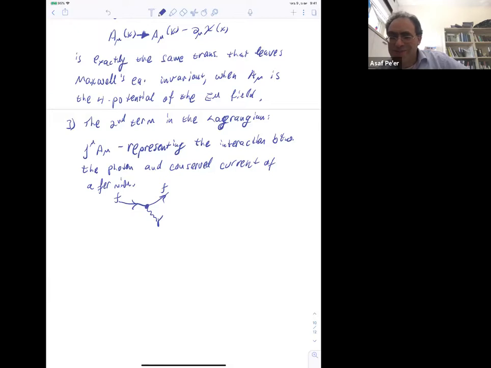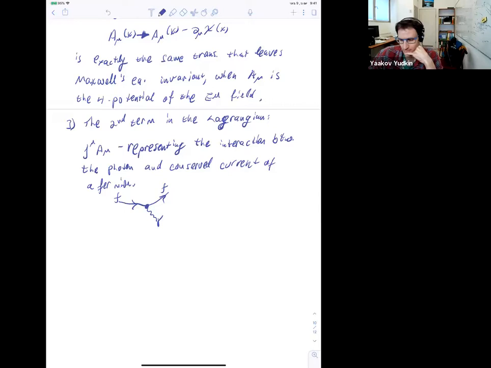Taking time to digest. So to recap, you introduce some arbitrary field which you have no idea what it is, in order for the Lagrangian to be invariant under local U(1) transformations.